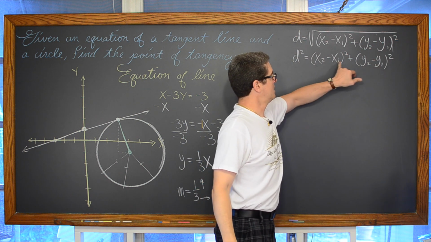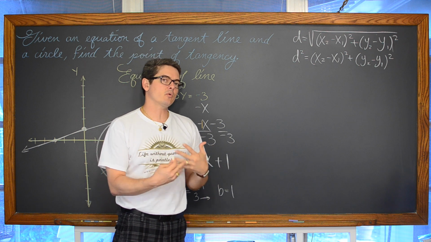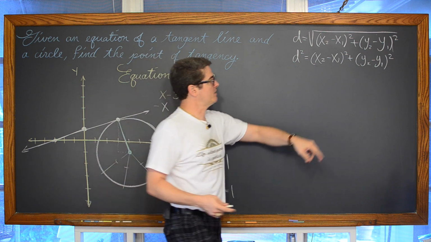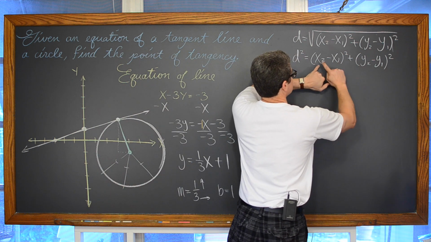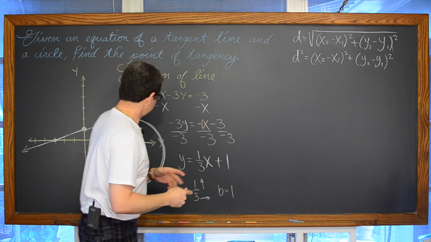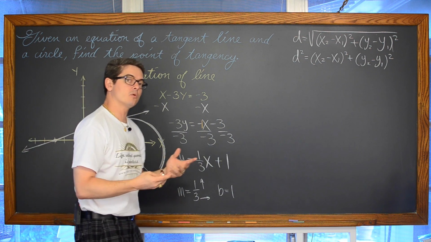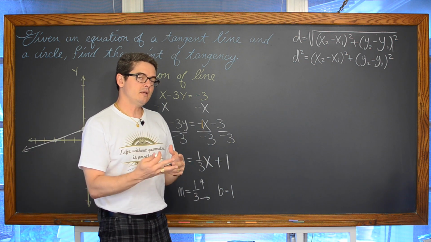And these subscripts don't have any math operation behind them. They're just a name. Point 1, x sub 1, y sub 1, and point 2, x sub 2, y sub 2. Now, these lengths going from center to circle, of course, are the radius, not the diameter.